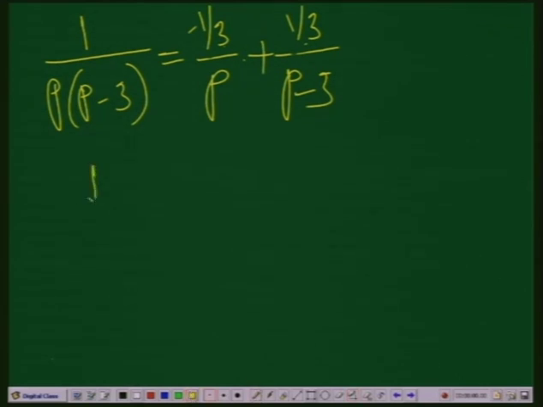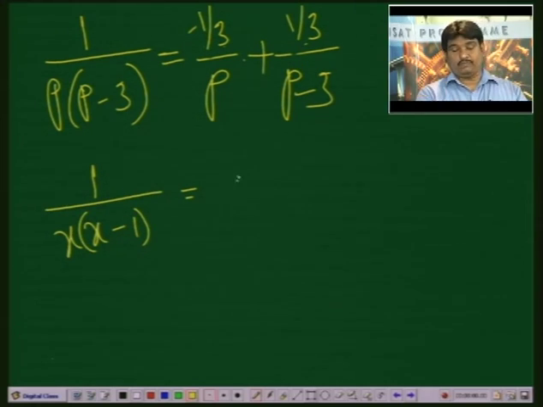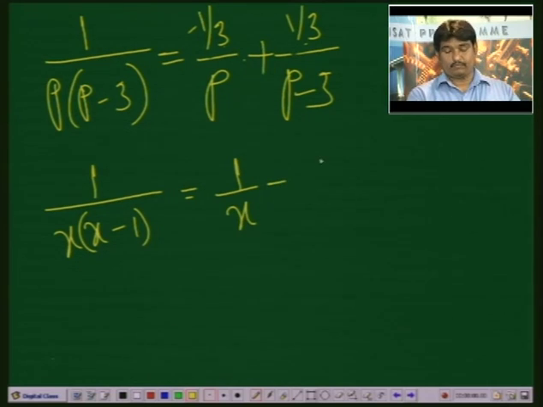Technique number 2. You know that 1 by x into x minus 1 can be written as 1 by x minus 1 by x minus 1.